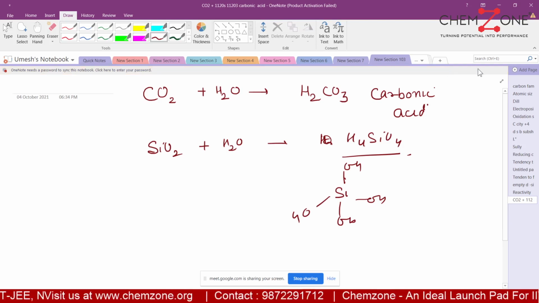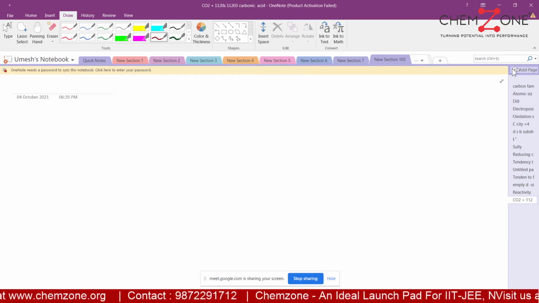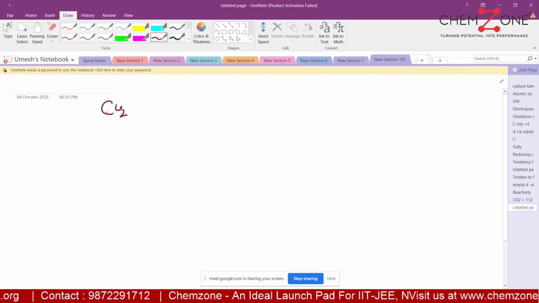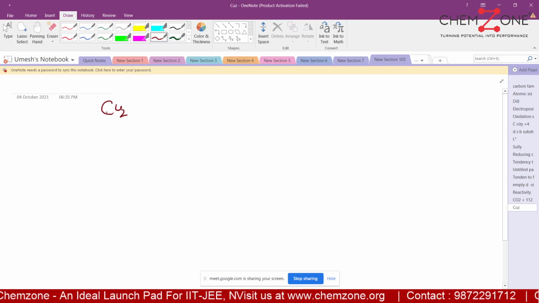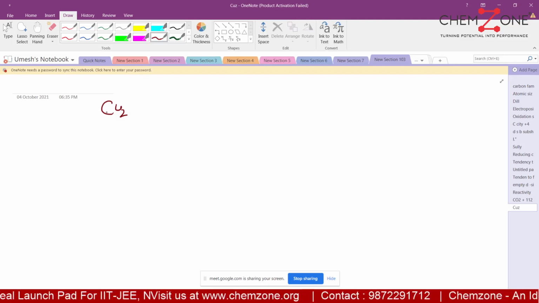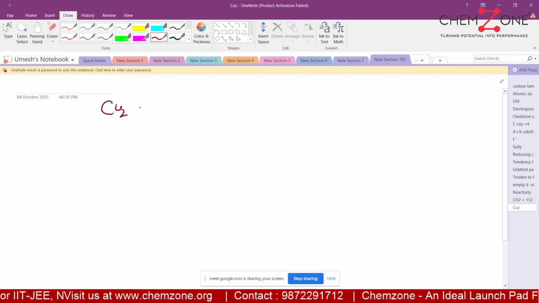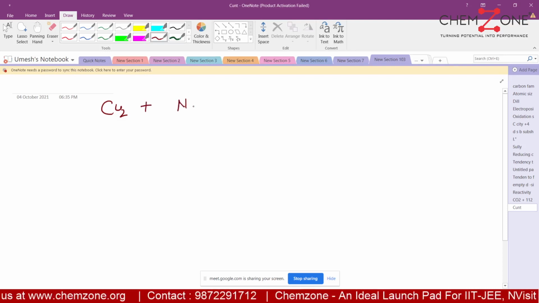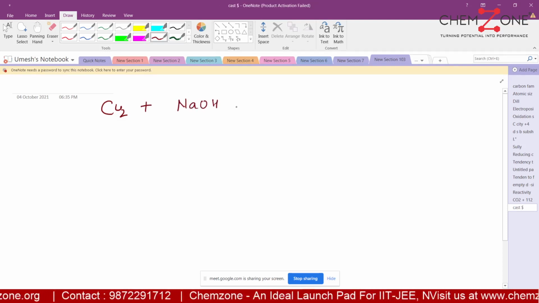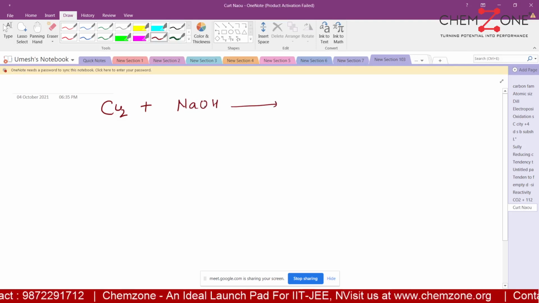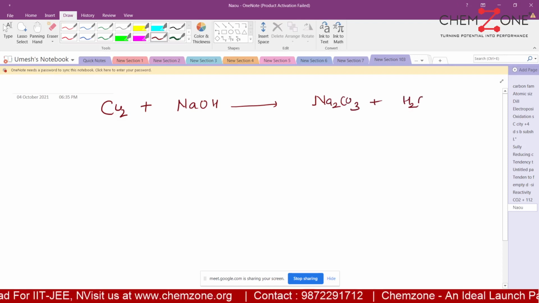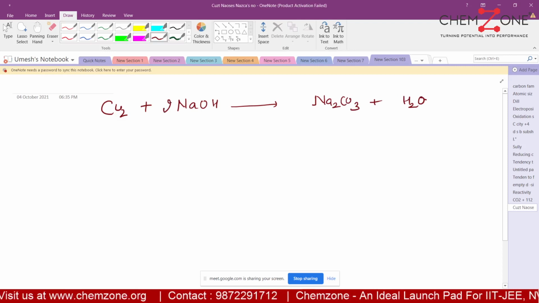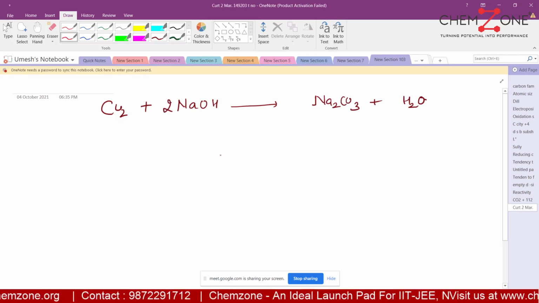This carbon dioxide is acidic in nature. If it is acidic in nature, it will combine with a base like sodium hydroxide and form Na2CO3 plus water.